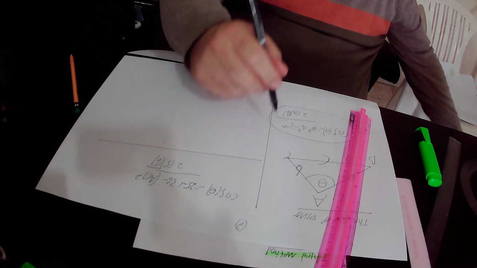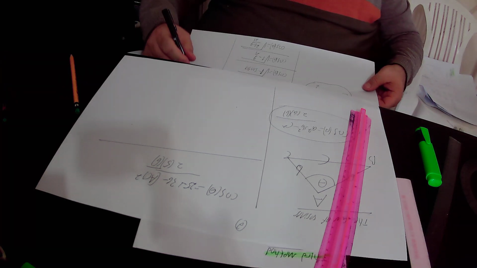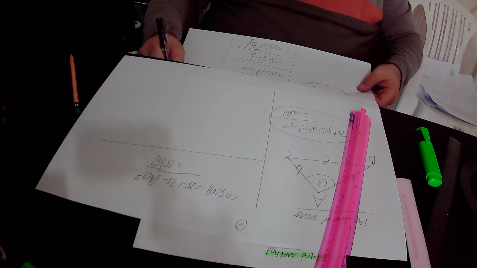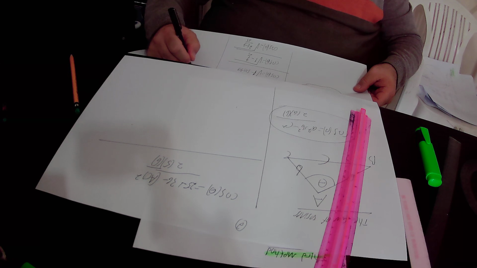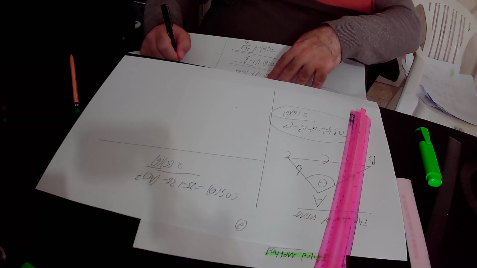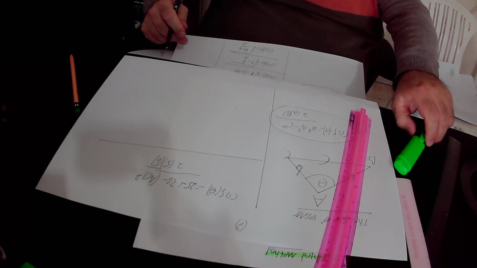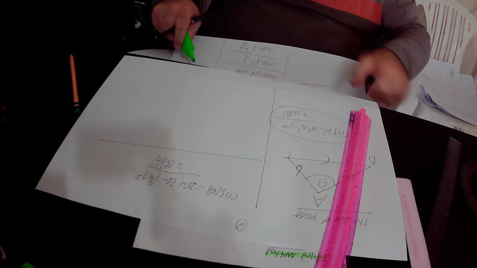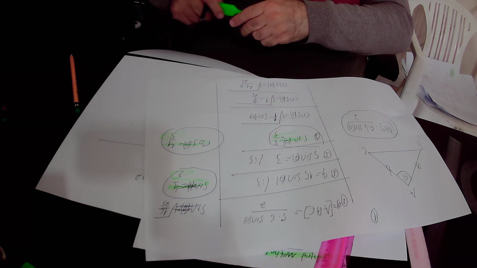We have already found out that cosine theta equals 4/5.